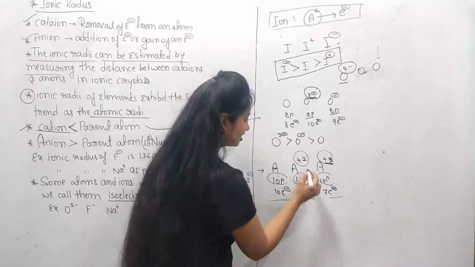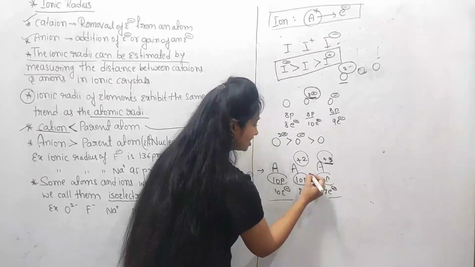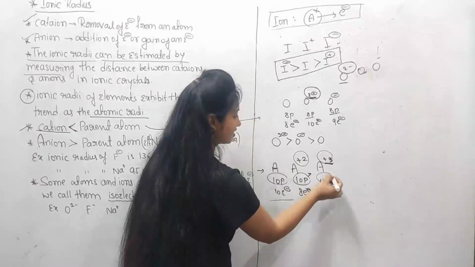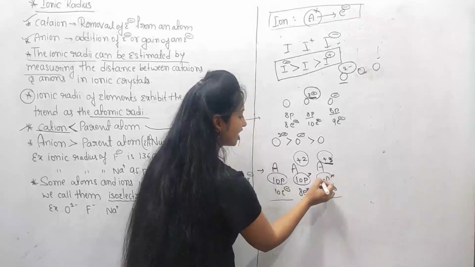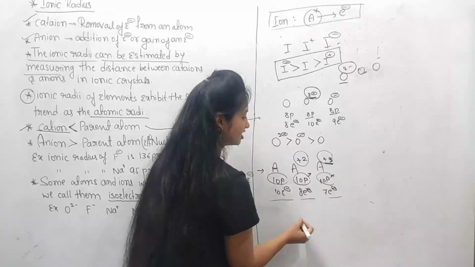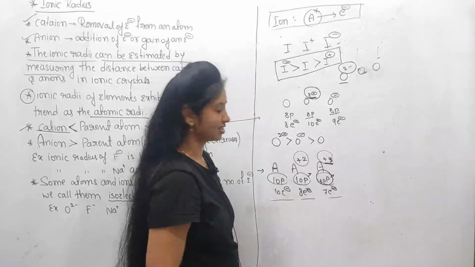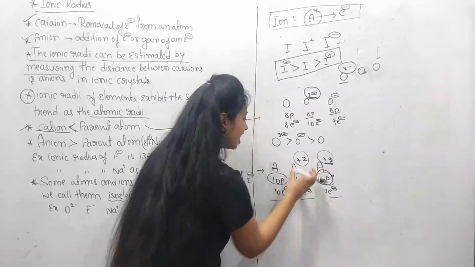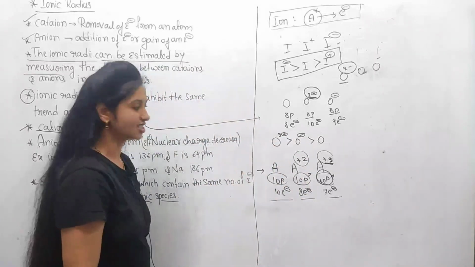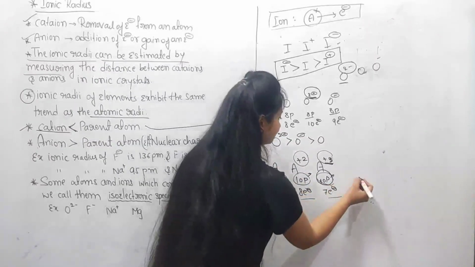Here what happened? The effective nuclear charge increases and again increases too much. 10 protons attract 7 electrons and 10 protons attract 8 electrons towards themselves, then what happens?